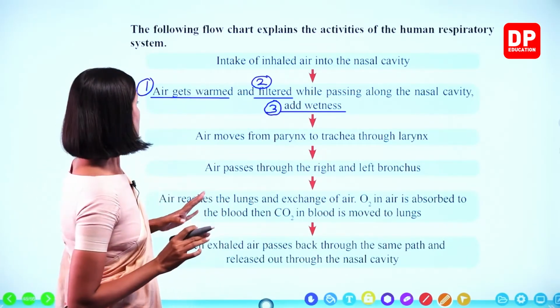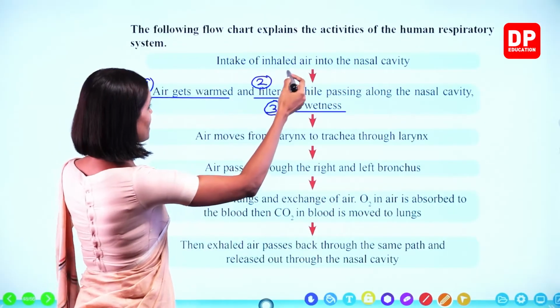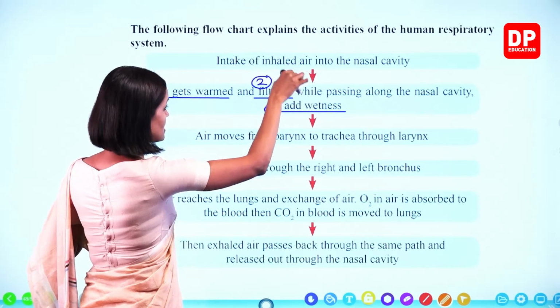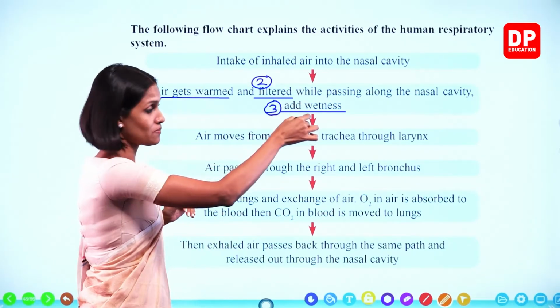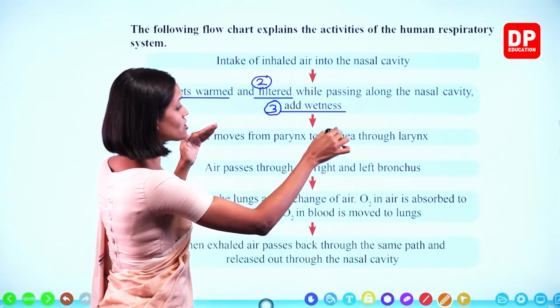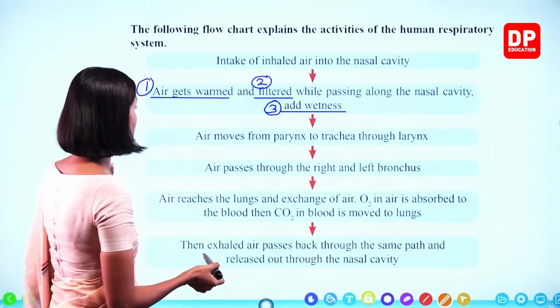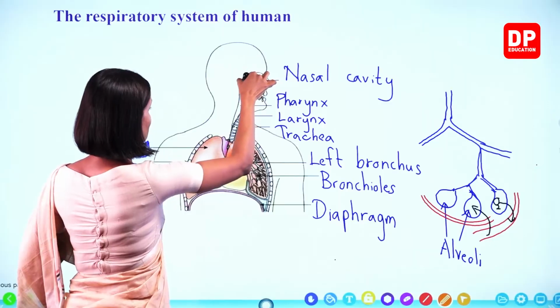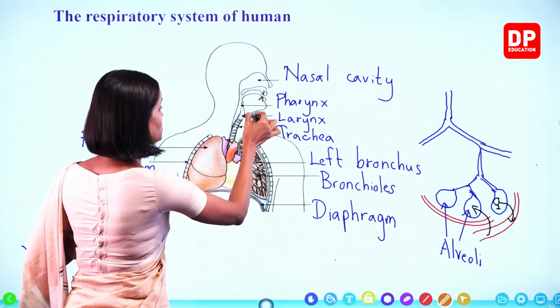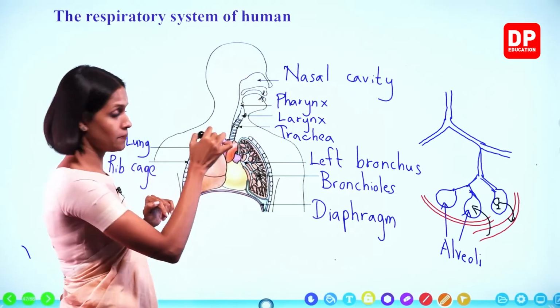Right, children? Next one. So the first step, intake of inhaled air into the nasal cavity. In the nasal cavity, these three changes take place. Then air moves from pharynx to trachea through larynx, because the larynx is present in between the pharynx and the trachea.